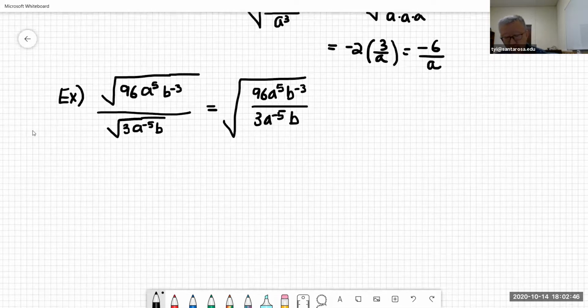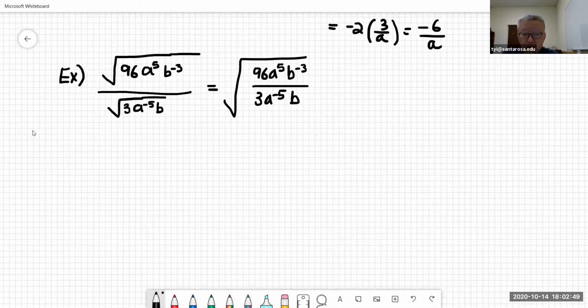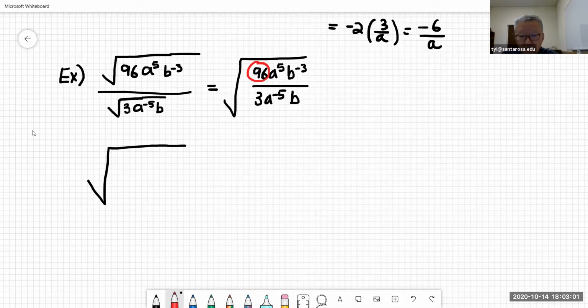Okay, so let's just take care of the numbers first. So you got 96 divided by 3. What? These two. Okay, so you got 96 here and the 3 over here. So that would be what? 32. A to the 5 and A to the negative 5. So I'm going to bring the negative 5 to the top. I have A to the 5 times A to the 5.